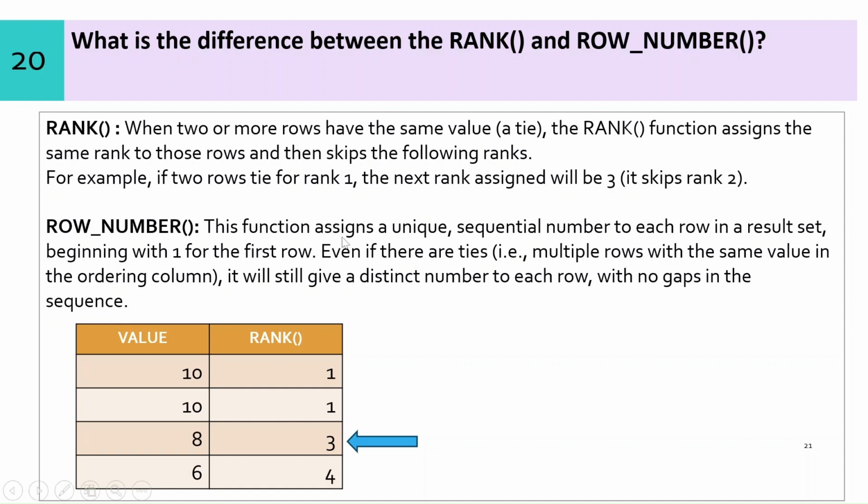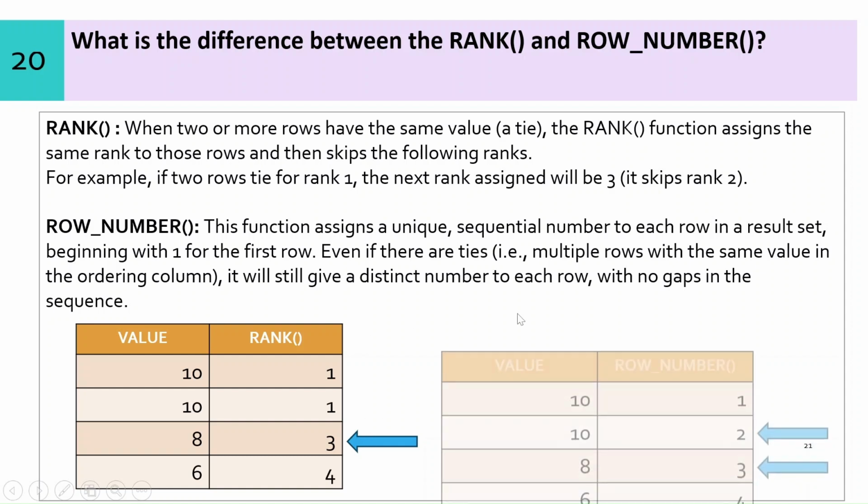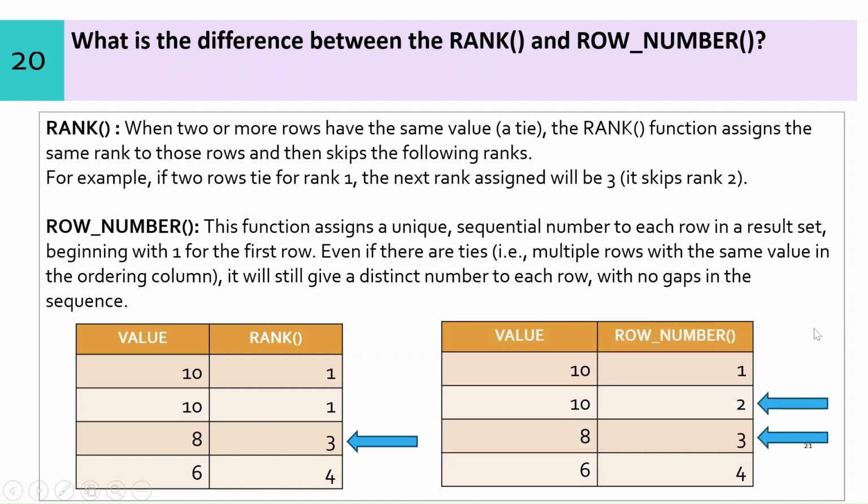The ROW_NUMBER function assigns a unique sequential number to each row in the result set, beginning with 1 for the first row. Even if there are ties, like multiple rows with the same value in the ordering column, it doesn't matter. It will still generate a distinct number for each row, and there will not be any gap in the sequence. So this is how row number will look. It will not consider whether there is any tie or any duplicate records.